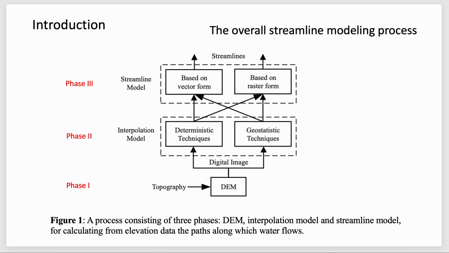It can be divided into two techniques. The first technique is deterministic technique, and the other is geostatistics technique. And the last phase is streamline models. It's also divided into two types. The first type is based on vector form, and the other based on raster form. And finally, we get streamlines.